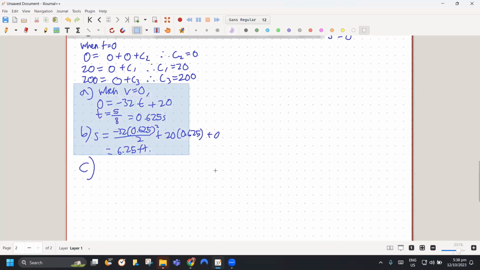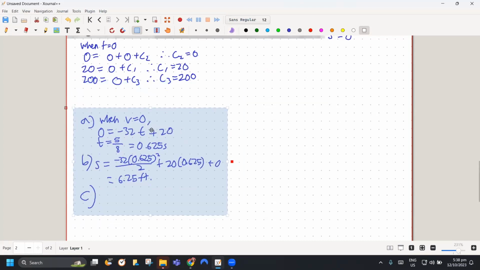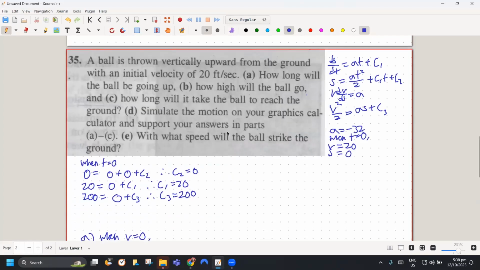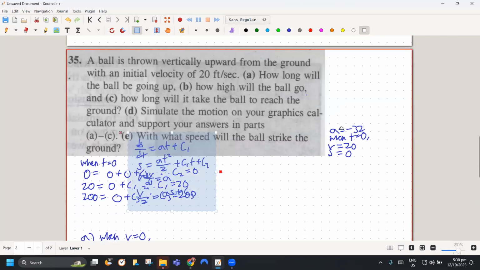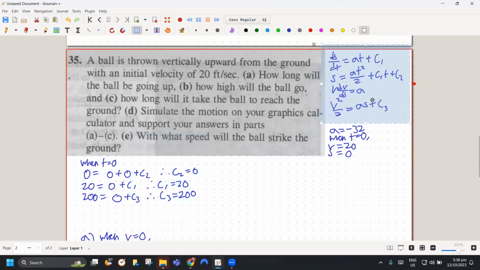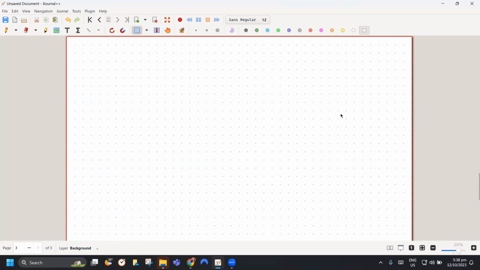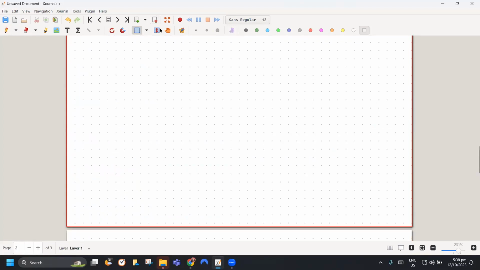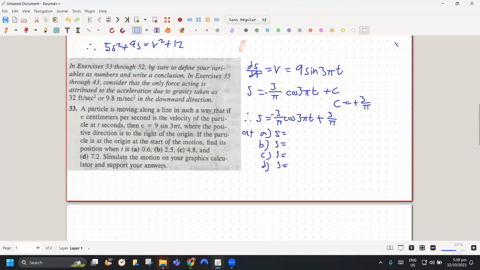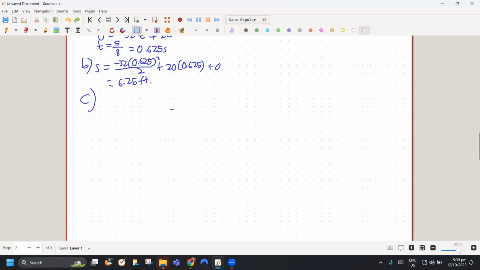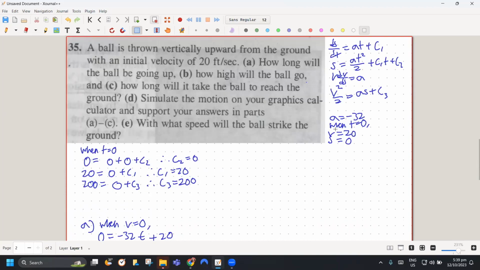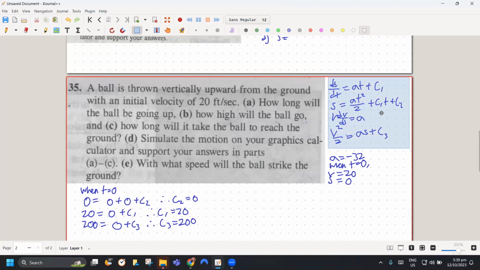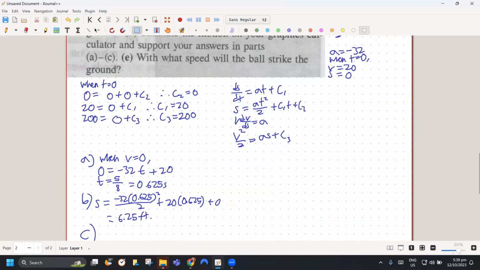Tapos sulat mo yung S in terms of T, V in terms of T, at saka S, at saka V squared over 2 equals, with the constants. Kasi kinumpit mo na yung constants eh.